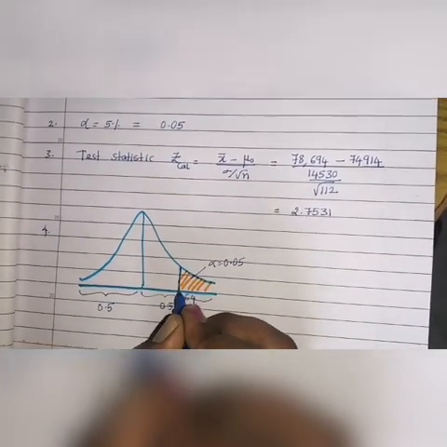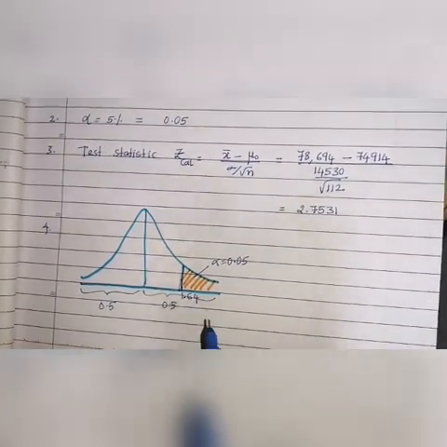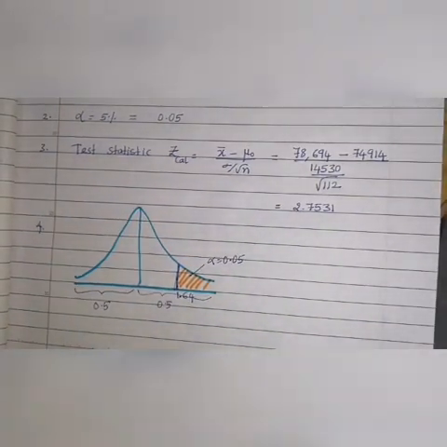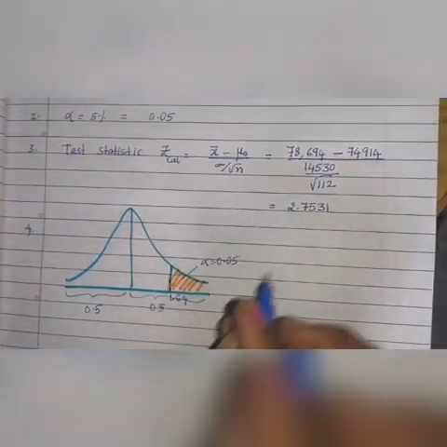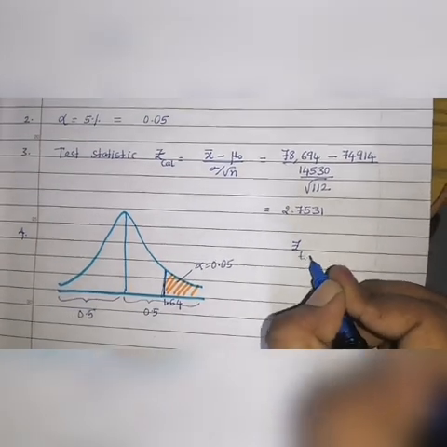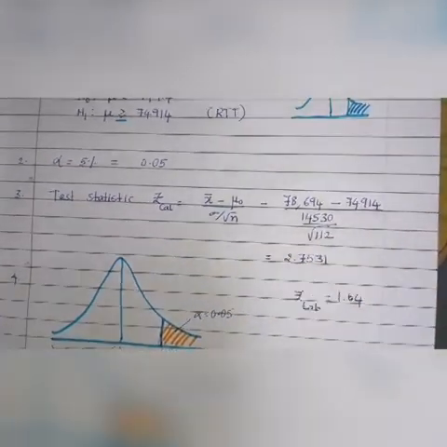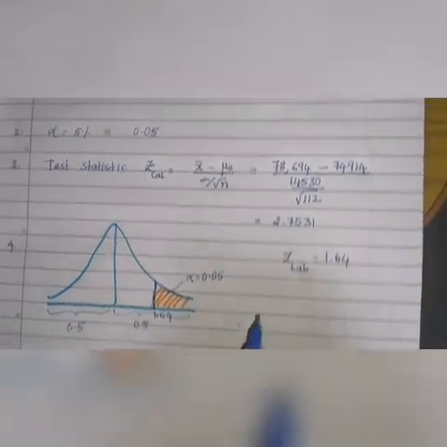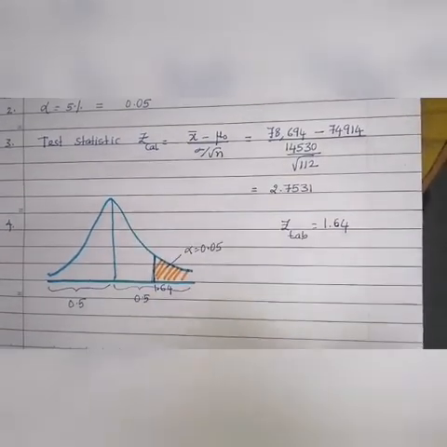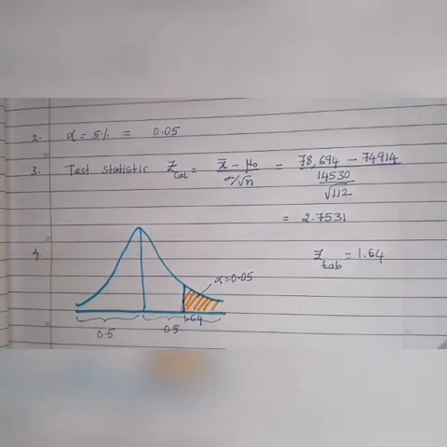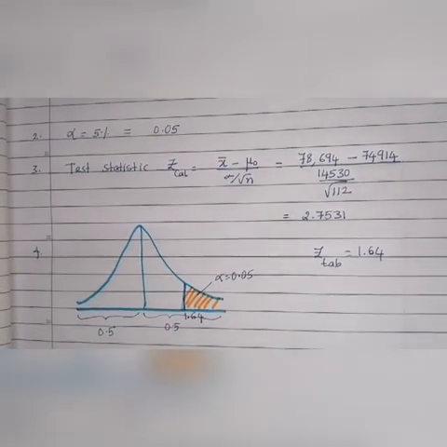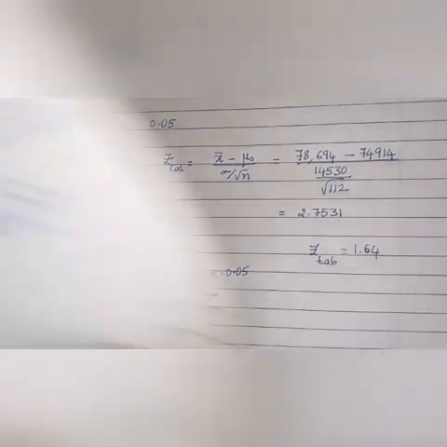Now this is the z tab equal to 1.64. Okay, now the finding of the critical value is done. It is 1.64.